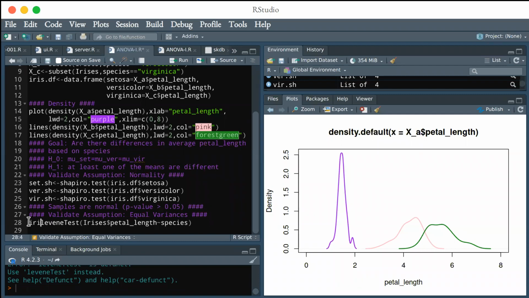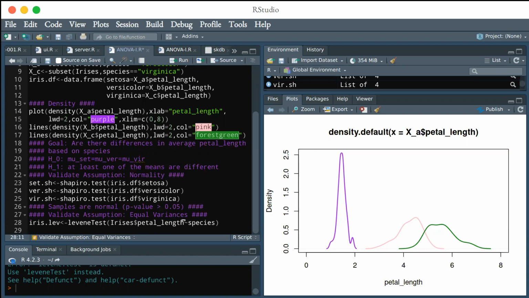How far apart the averages are, the center is here, center, center, that is the job of ANOVA. ANOVA is going to tell us if the averages are far apart or not.